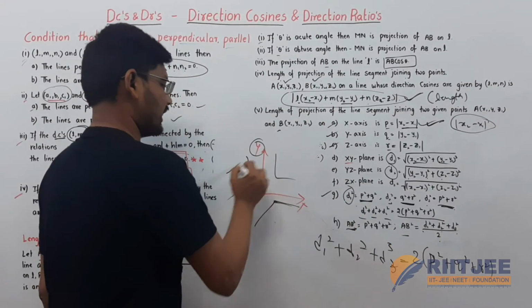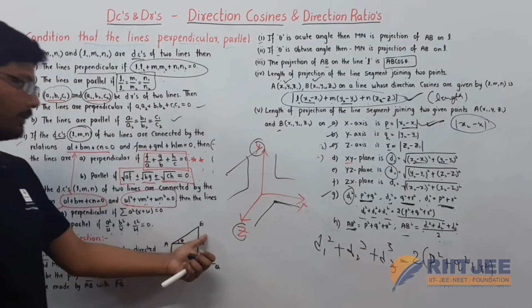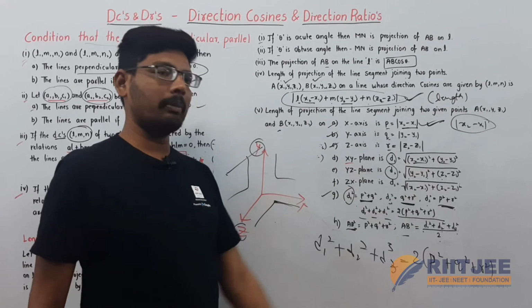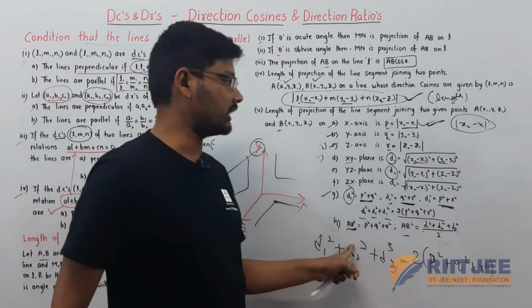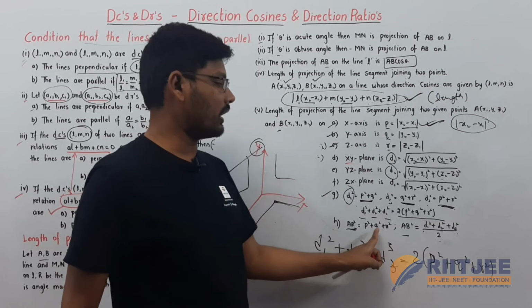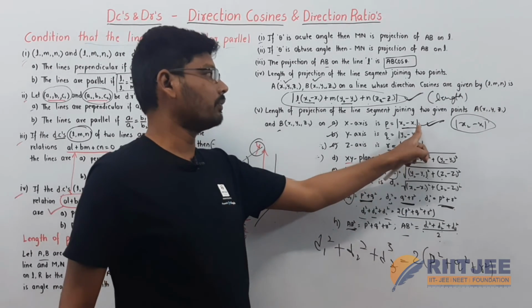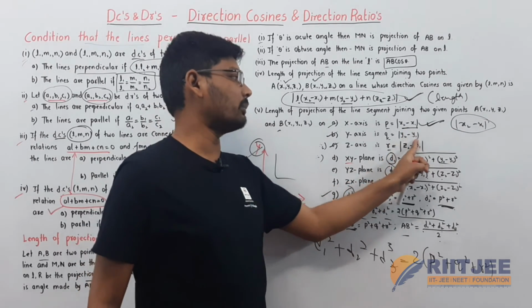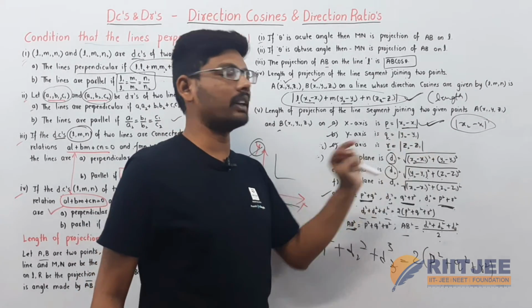Here ab is the length, and ab square is equal to p square plus q square plus r square. Why? Because it is a combination of the 3 axes, x axis, y axis, z axis. Here p is nothing but x2 minus x1, q is nothing but y2 minus y1, r is nothing but z2 minus z1.